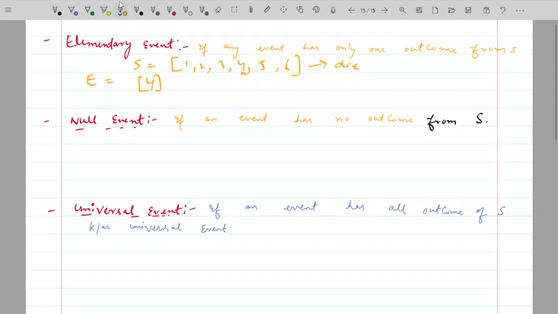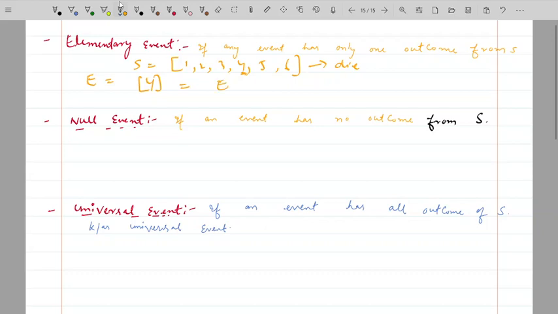So at a particular event, you will get only one outcome. That is called an elementary event. It means at that particular time you will get only one outcome from the sample space, that is called an elementary event. And what is a null event?